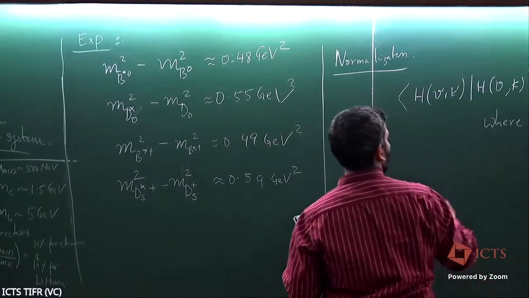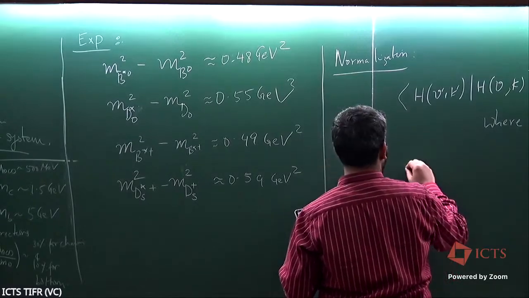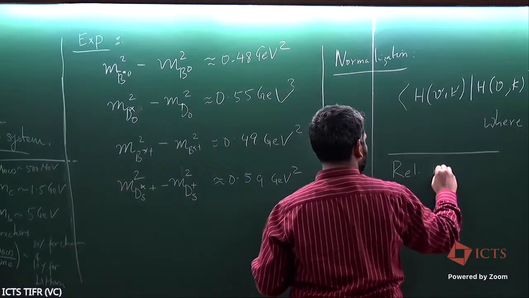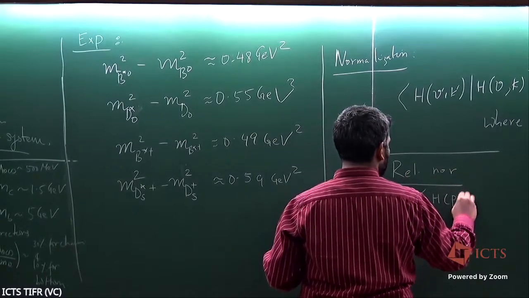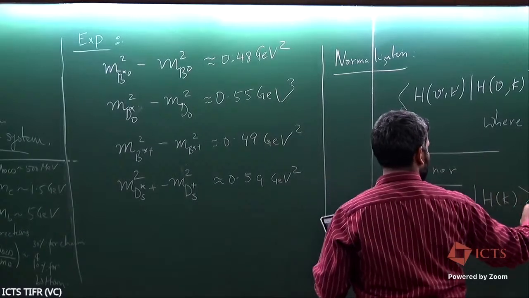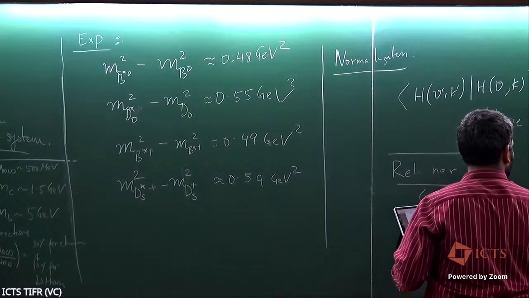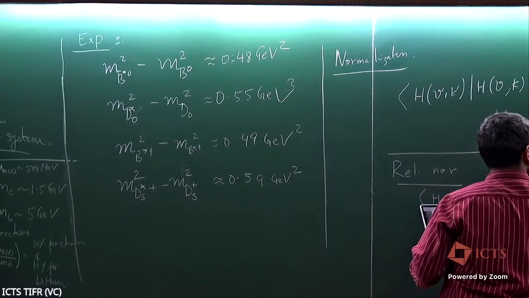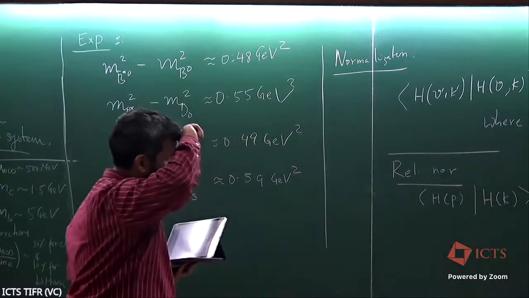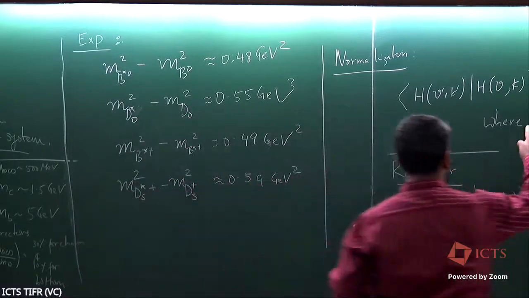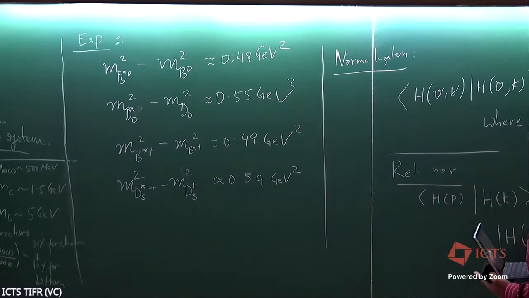If you use this definition and relate it with the relativistic normalization, which is given by H of P, H of K as 2EP two pi cube delta cube P minus K, you see that my H of P, which is in the relativistic theory, is related to square root of 2 m_h times h_v(k) plus order 1 over m corrections.